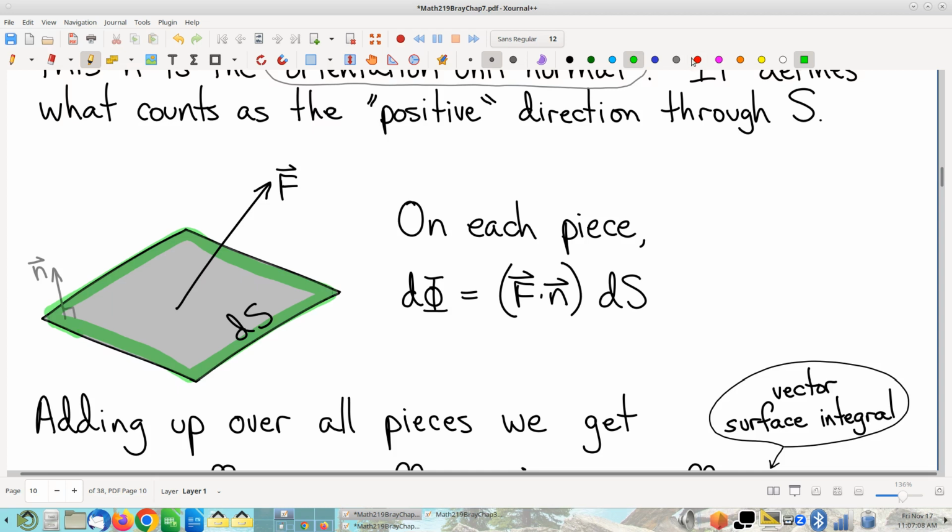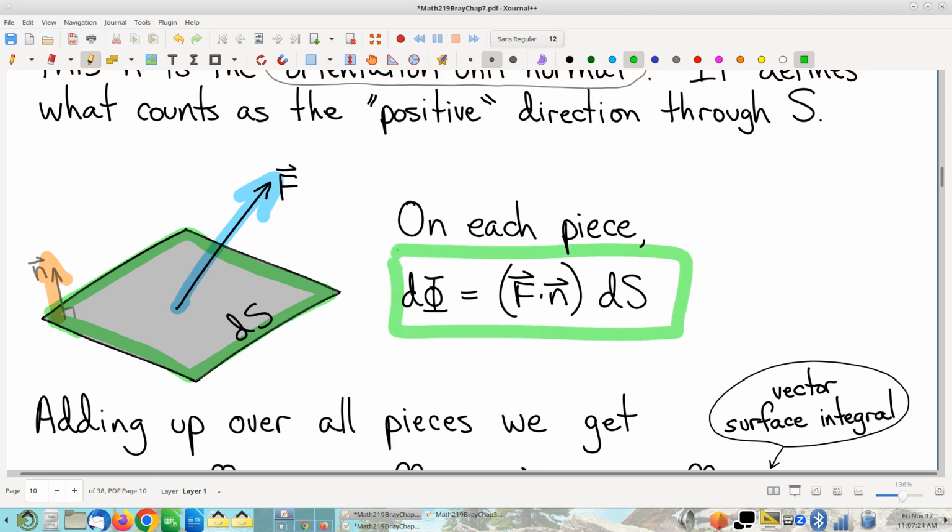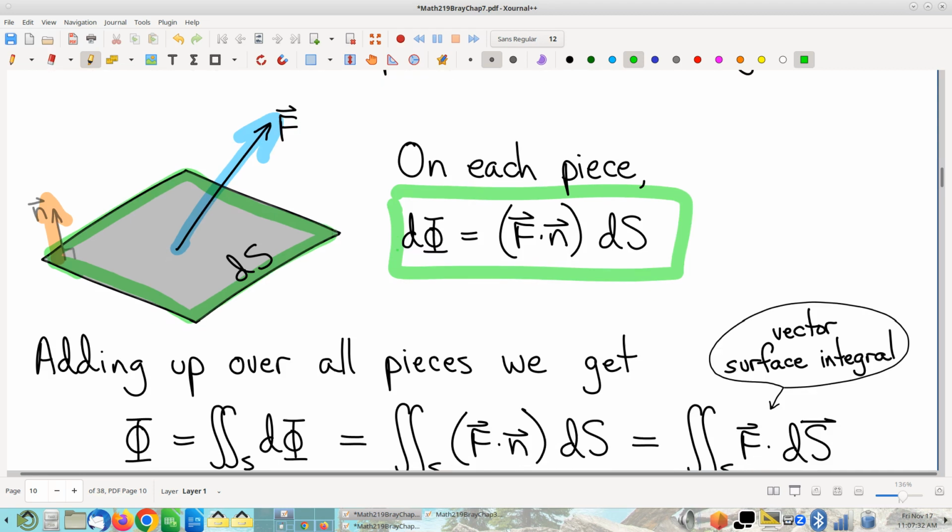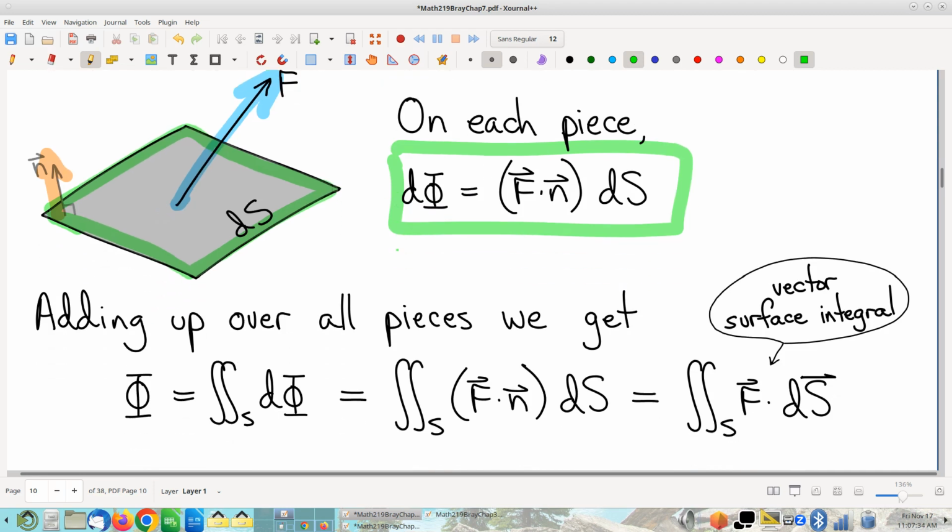I have, again, this normal vector that is over that small area, approximately constant. I have my field vector, which again over this small piece is approximately constant, and the flux through that piece, I'm just going to use the old chapter 3 formula right here. It's vector field dot unit normal times the area. And we can plug that right into our calculation.